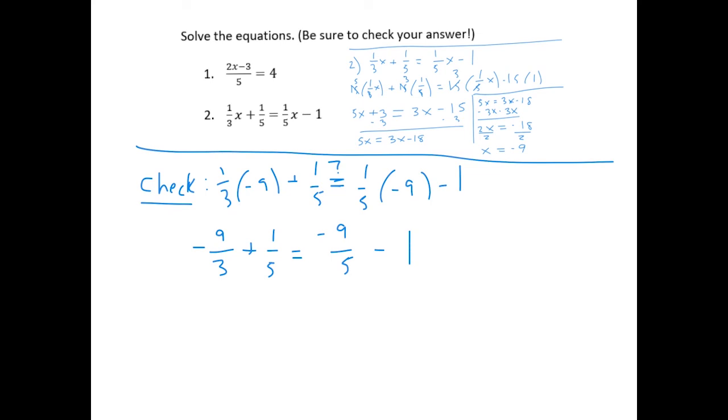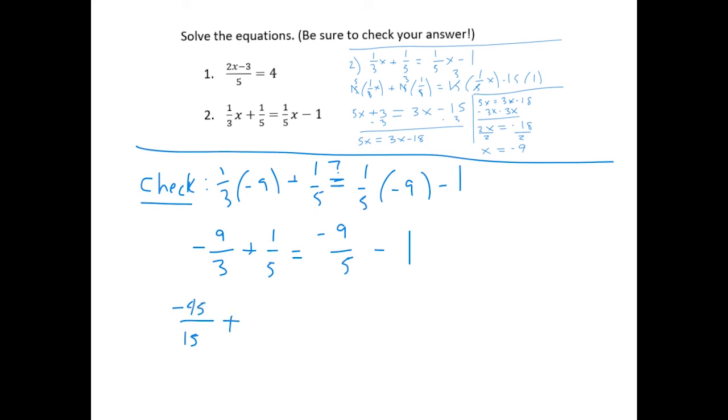So in order to compare the left and right hand sides, since they're fractions, they need to have the same denominators. So I'm going to go ahead and get a common denominator of 15 for all of them, because the least common denominator for 3, 5, and 1 would be 15. So to compare them, that's what we need. So the negative 9 over 3, I would multiply the bottom by 5 to get 15, and the top by 5 to get negative 45.